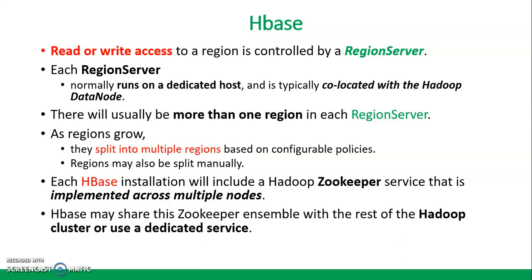Each HBase installation will include a Hadoop ZooKeeper service that is implemented across multiple nodes. HBase may share this ZooKeeper ensemble with the rest of the Hadoop cluster or use a dedicated service.